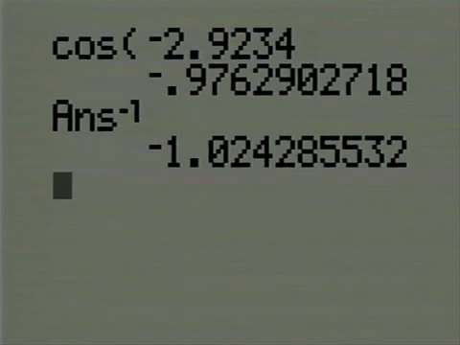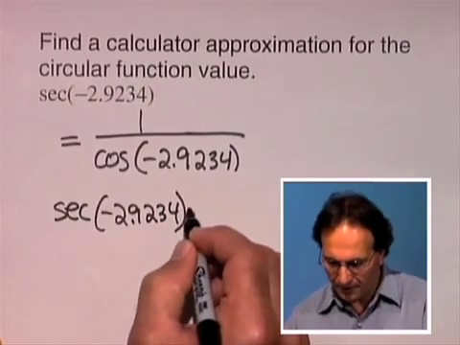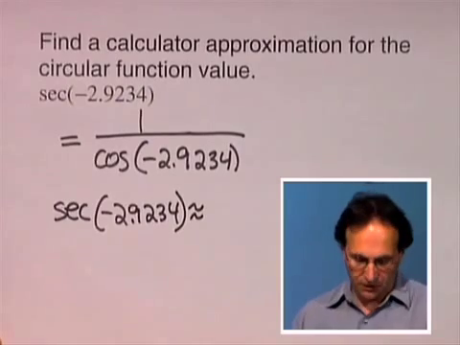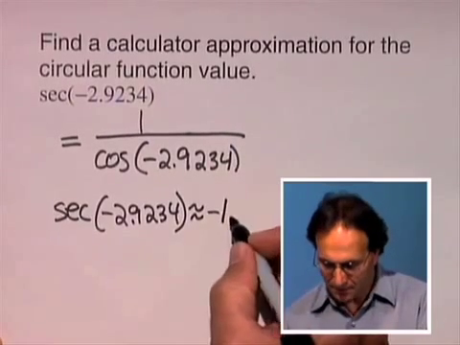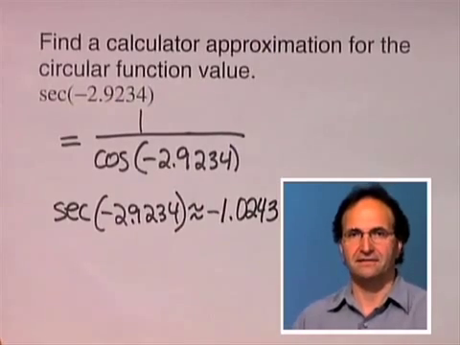So let's write that down, that the secant of negative 2.9234 is approximately equal to negative 1.0243.